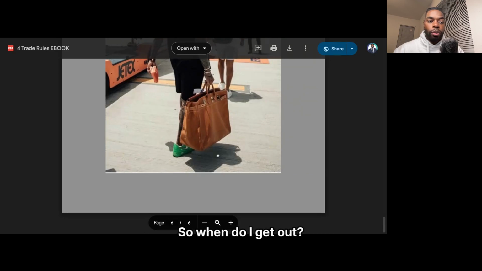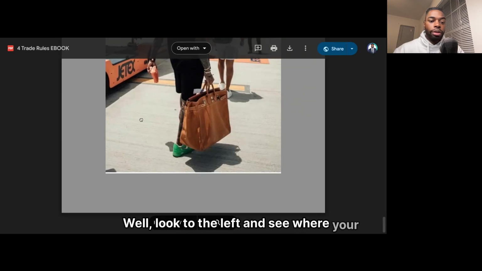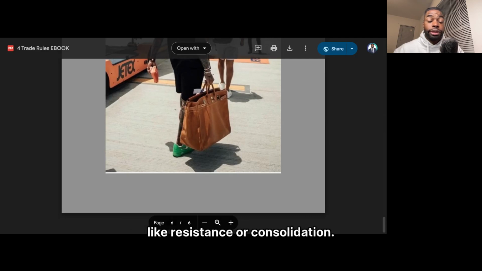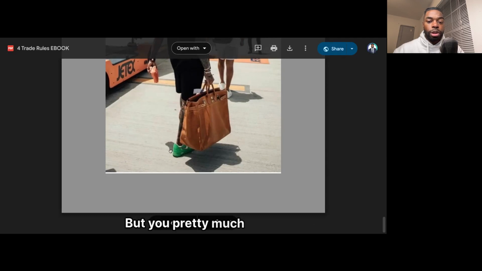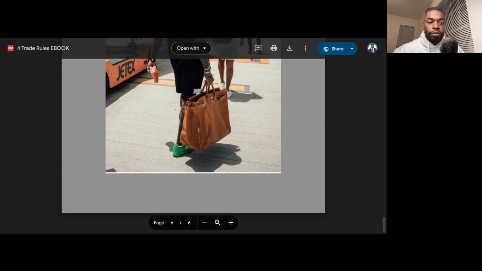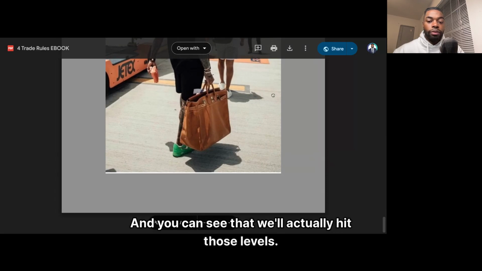So when do I get out? Well, look to the left and see where your previous highs were, or previous areas of resistance or consolidation. You pretty much want to look to the left and see, where was there trouble previously? Where did we stop previously? And you can see that we'll actually hit those levels.